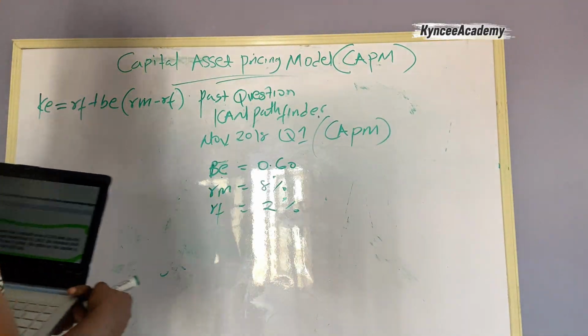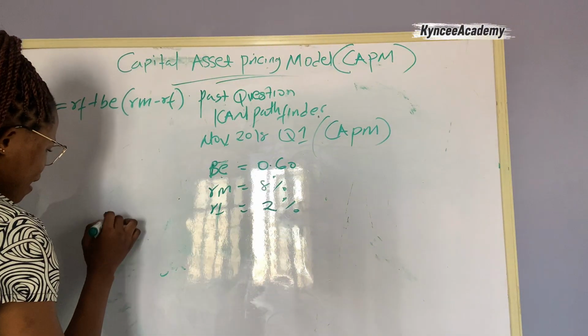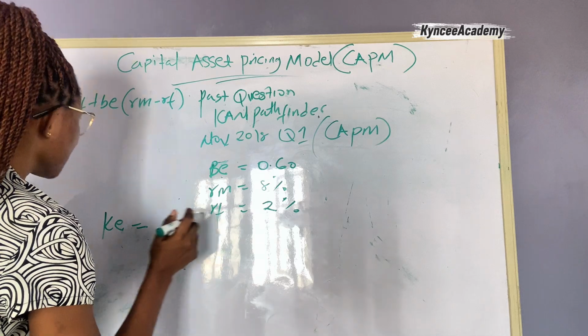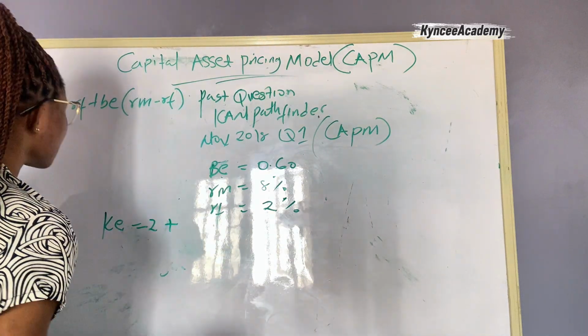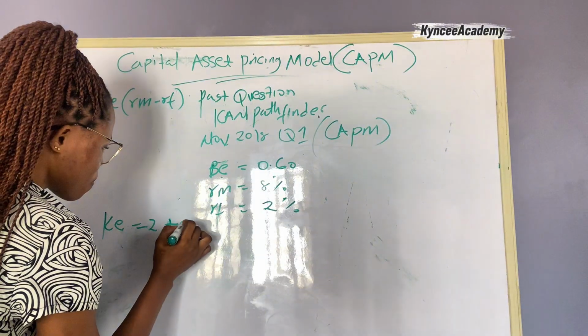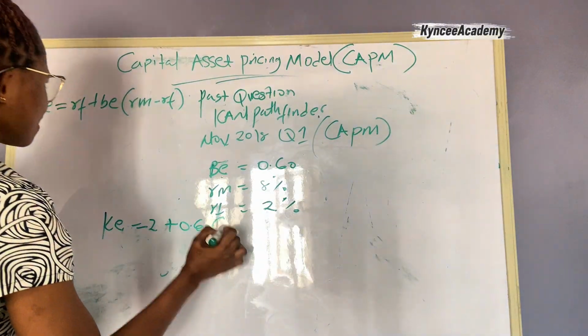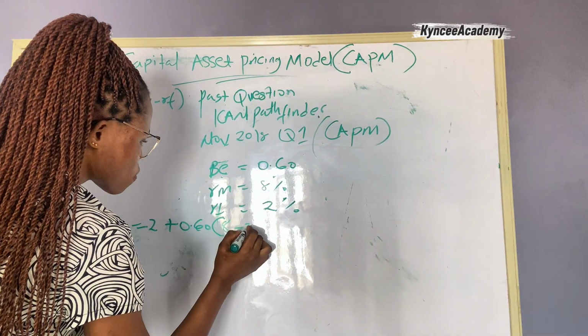So now we're going to input this in our formula. We'll say KE is equal to the risk-free rate, that's RF, which is 2%, plus BE, which is 0.60, bracket RM, which is 8% minus 2%.